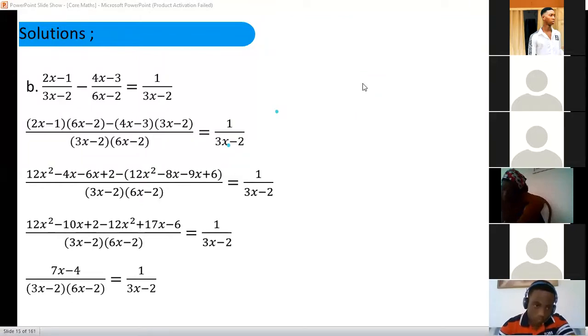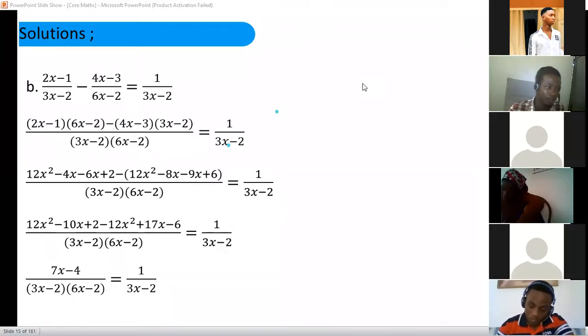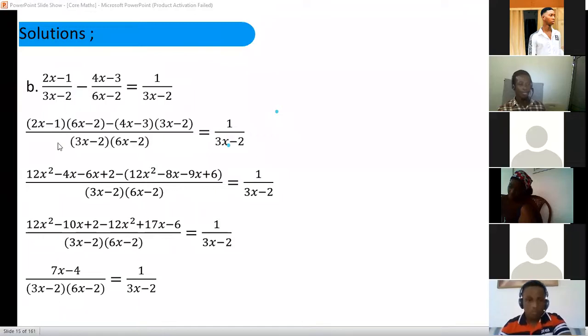The LCM here is the same as multiplying the two denominators. That is 3x minus 2 times 6x minus 2. It gives us the LCM of the two fractions on the left-hand side.